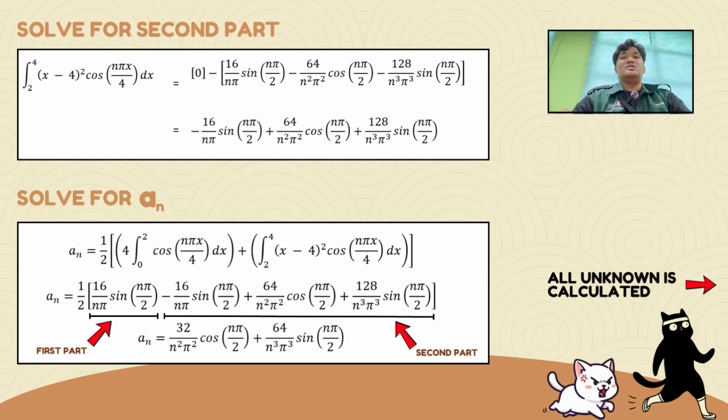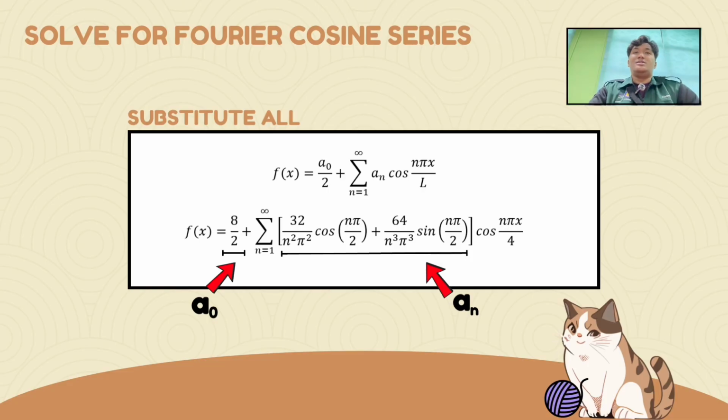Now after we got the first part and second part, we can solve for the unknown an, and we got the answer. Since all the unknowns are calculated, we can solve for the cosine series, and this is the answer for the Fourier cosine series after we substitute a0 and an.